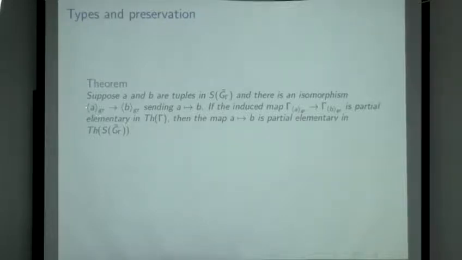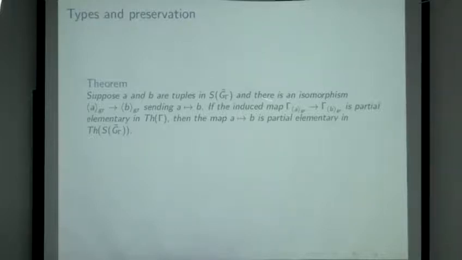It means that the interpretation of the graph here is going to be an induced subgraph of gamma, and the thing here will also be an induced subgraph of gamma. And I look at the induced map, which goes from gamma A to gamma B. So I first take these substructures, I form the interpretation of the graphs, and I look at the induced map between those graphs.